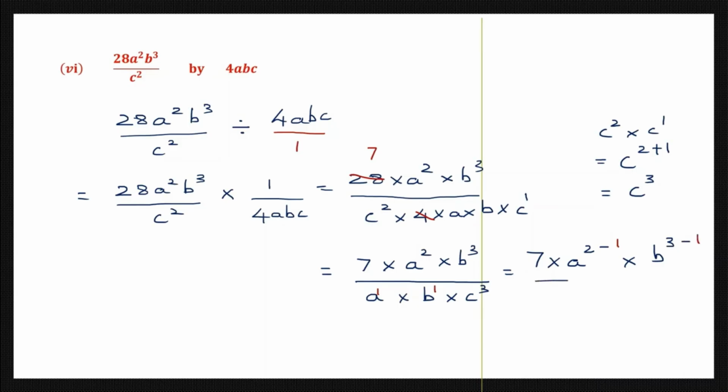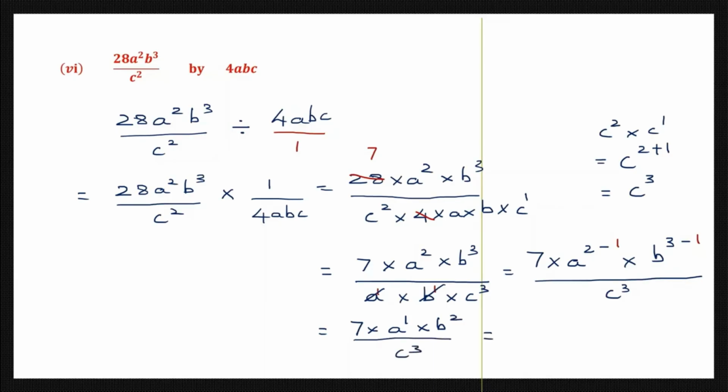So that's what we have in the numerator. Now in the denominator, since this has been taken, I only have c to the power of 3. So what do I have? 7 into a to the power of 2 minus 1 is 1 into b to the power of 3 minus 1 is 2 and c cube.